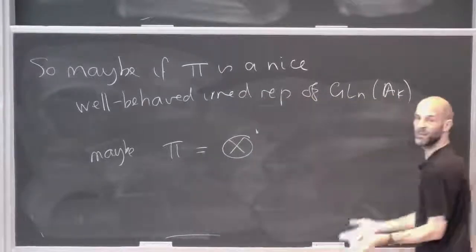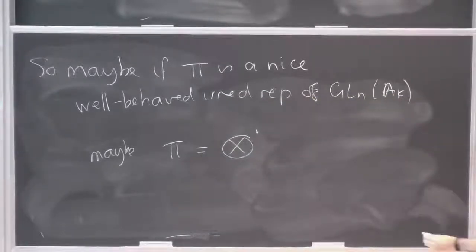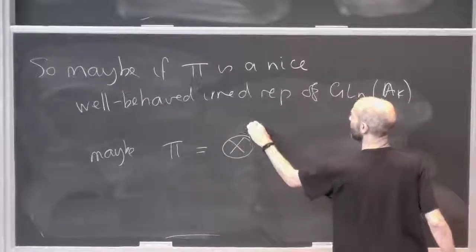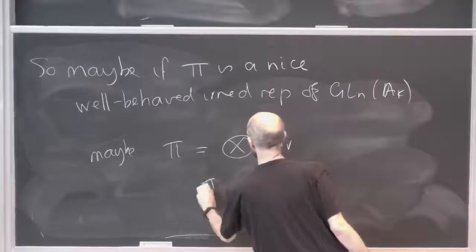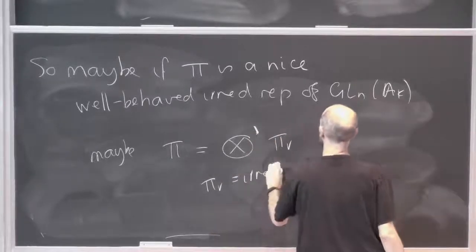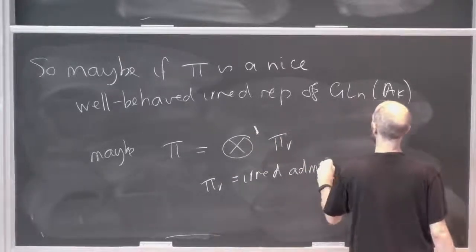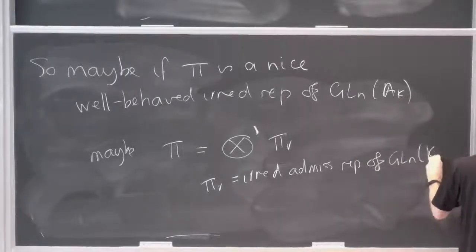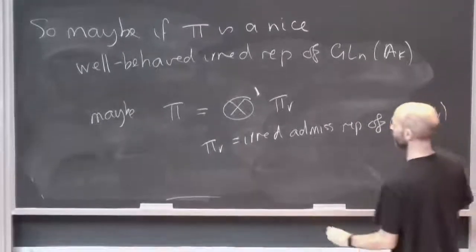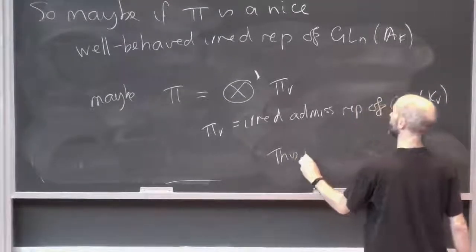I'm just going to put a prime, because that's what you do. You put a prime and you don't bother explaining it. Maybe it's some weird primed tensor product of pi v, where pi v is an irreducible, admissible representation of GLN of KV, right? And it turns out such a statement is true. This is indeed true.